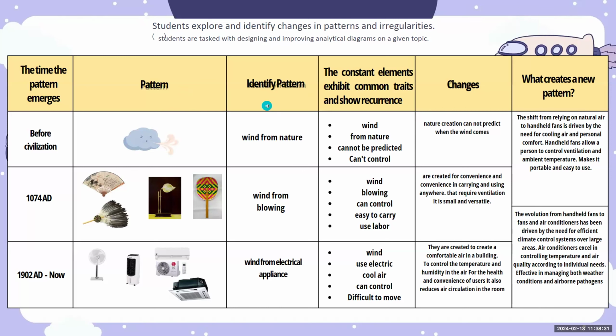First, my pattern is about wind cooling. My first pattern is wind from the nature, the second is wind from blowing, and the third is wind from electrical appliances. What creates the new pattern from the nature to the blowing is the shift from relying on natural air to handheld fans, driven by the need for cooling air and personal comfort.